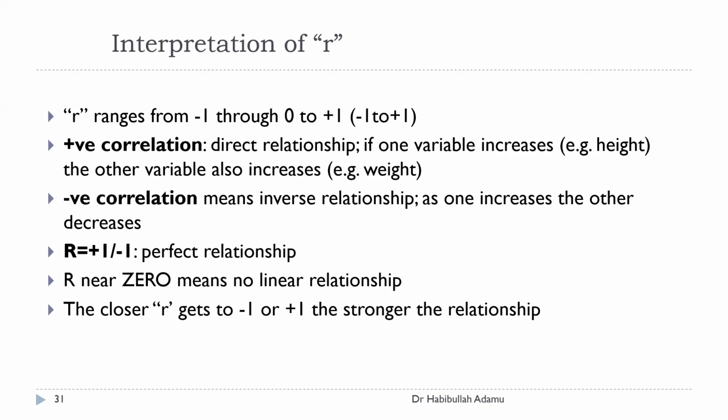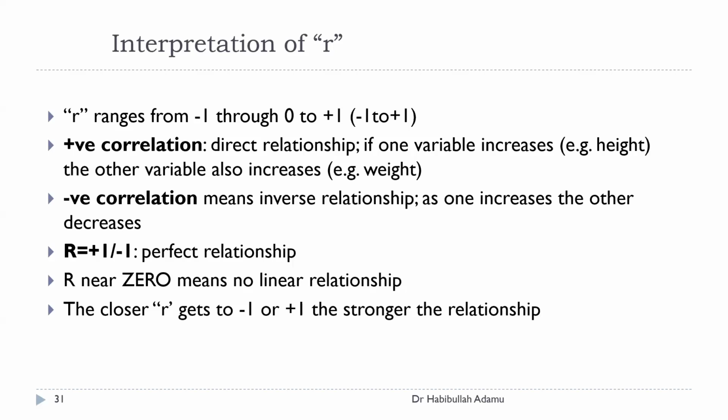So if the value is a positive value, it tells you that the association is positive. That means it is a direct association. You have a positive correlation, meaning that if one variable increase, the other variable will also increase. If one variable decrease, the other variable will also decrease. That means the variables are what? Are moving in the same direction.